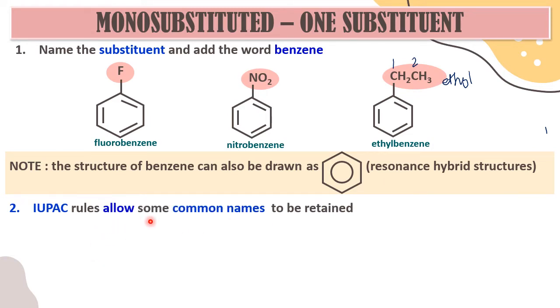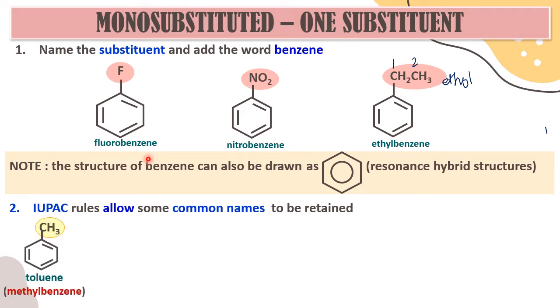IUPAC rules allow some common names to be retained. The common names over here do not present the word benzene. It's just a common name, but it is accepted by the IUPAC.